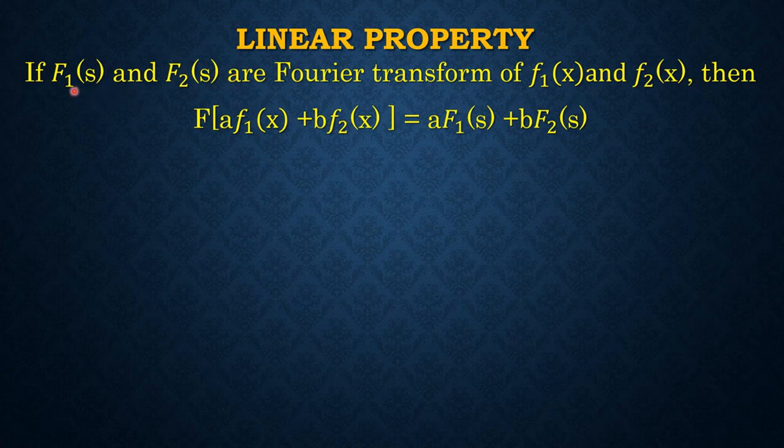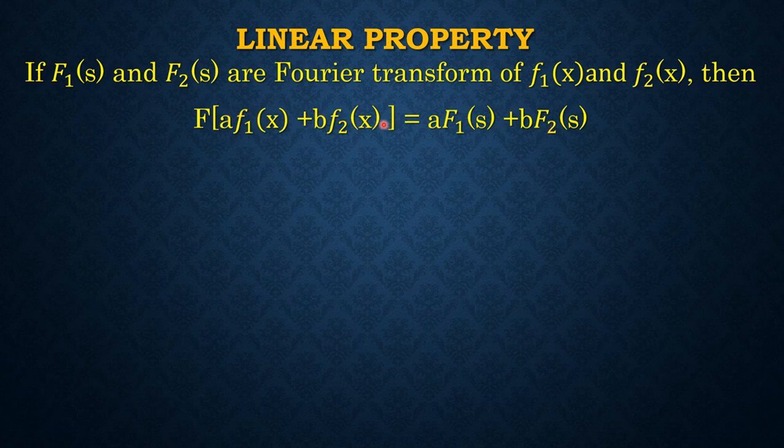Suppose F1(s) and F2(s) are the Fourier transforms of the functions f1(x) and f2(x), then the Fourier transform of a f1(x) plus b f2(x) is equal to a into F1(s) plus b into F2(s).